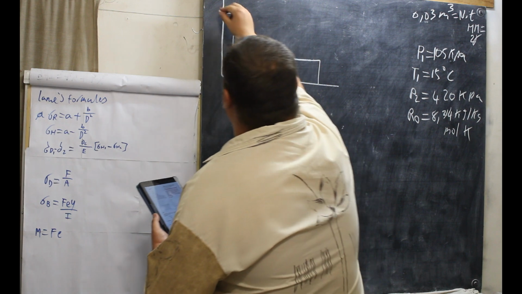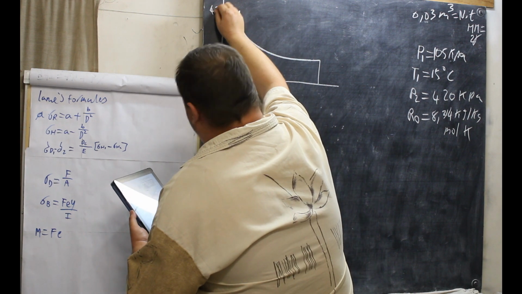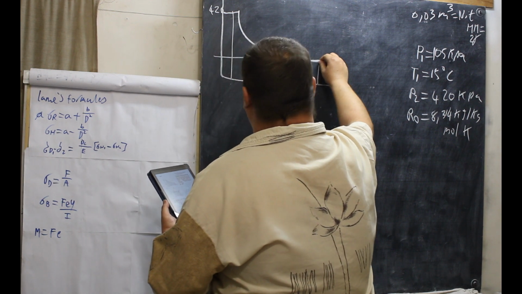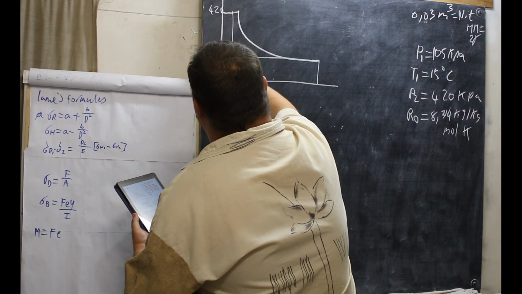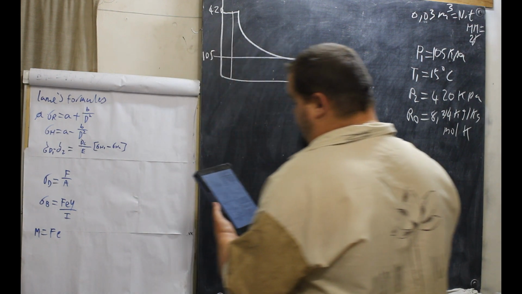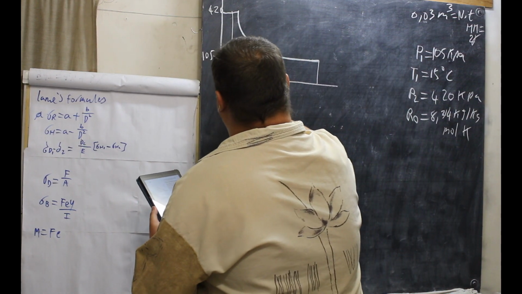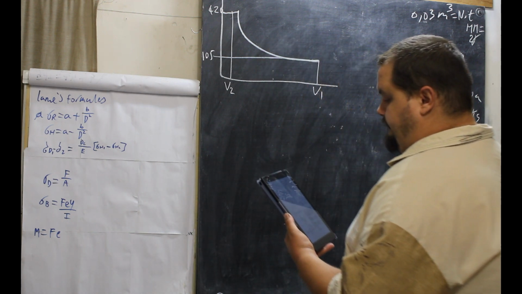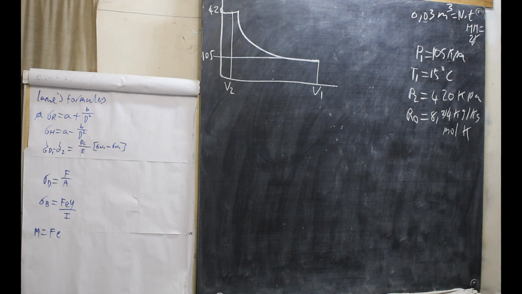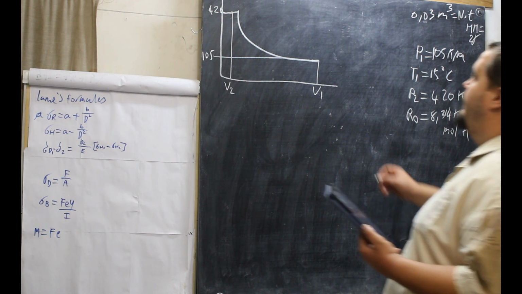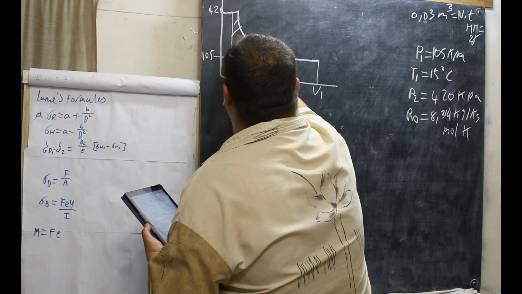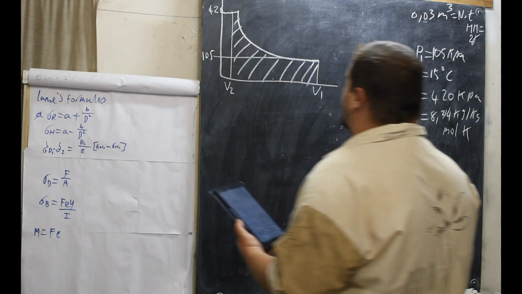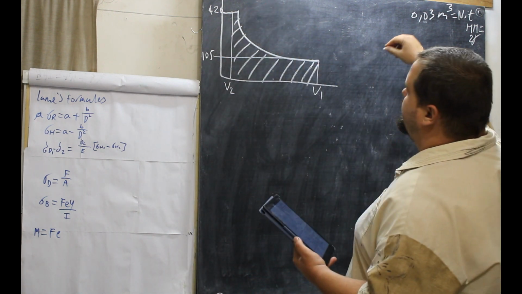Okay, this is how this works. 420, and over here, at this point, is 105. That's your pressure. Well, volume 2 is here, and volume 1 is there. Now, this is the shaded area. So as you can see how your graph goes.